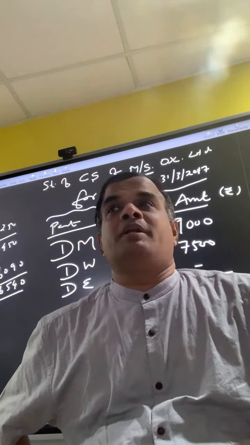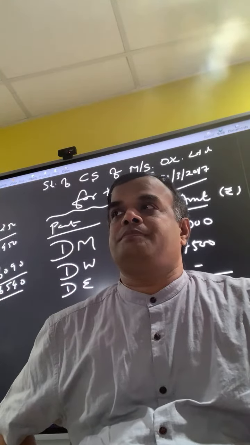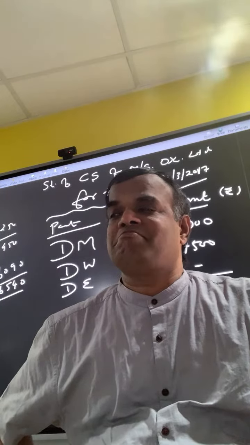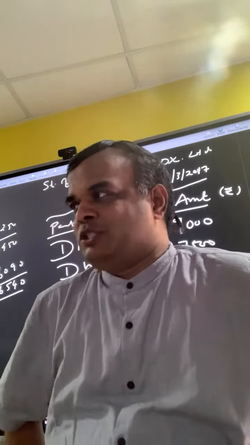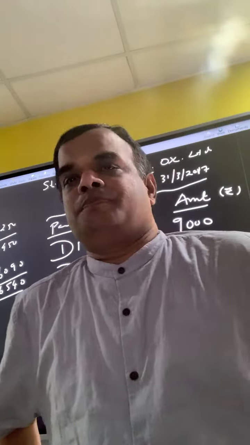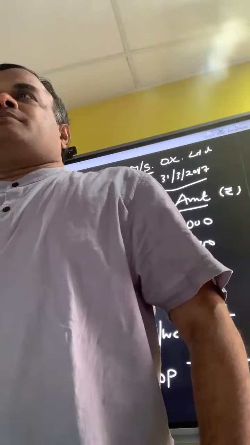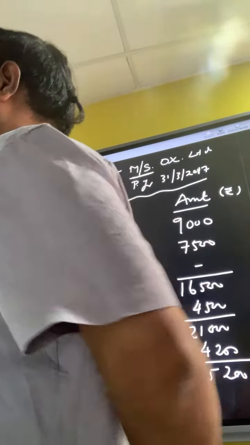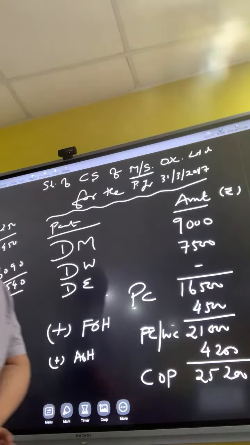So do we have to prepare a simple cost sheet or a comprehensive cost sheet? Why, sir? Since opening and closing inventory are there, we have to start a comprehensive sheet. I am ready. Are you ready? Yes, sir. Good, Kanna. How to start, Kanna?